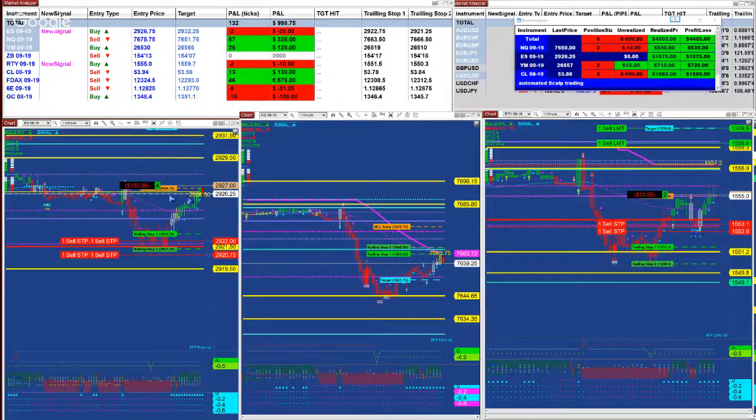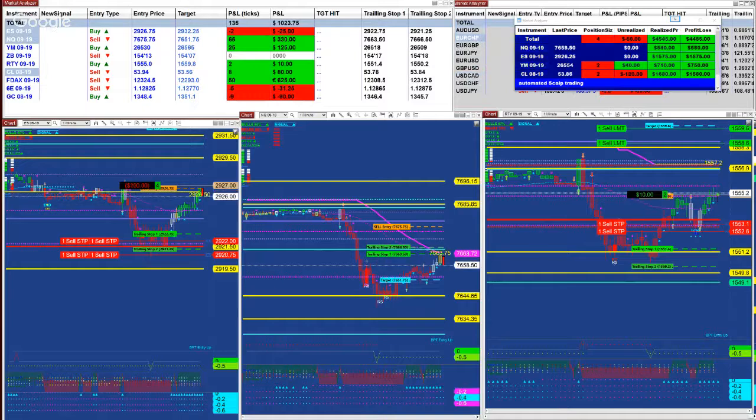Now when you have a signal and it goes in the opposite direction of the way you are trending, like what we are experiencing now, you should not be on that trade for very long. What you need to do is close it at 10, 15 ticks.